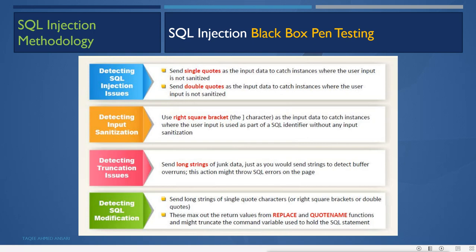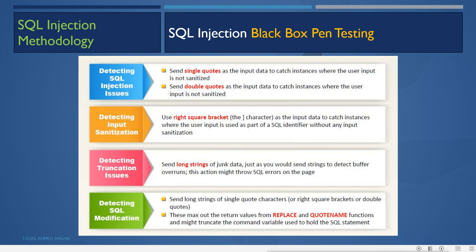So for SQL injection in black box testing, detecting SQL injection issues: send a single quote as the input data to catch instances where the user input is not sanitized. Send a double quote as the input data to catch instances where the user input is not sanitized. So first, normally we try to send the single quote and double quote, and see whether it is sanitizing or filtering them or not. Detecting input sanitization.